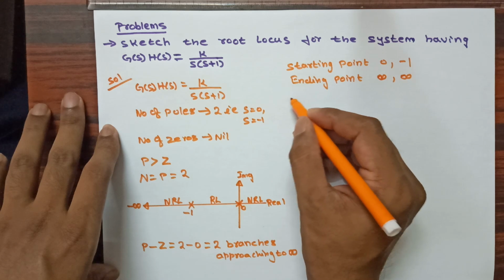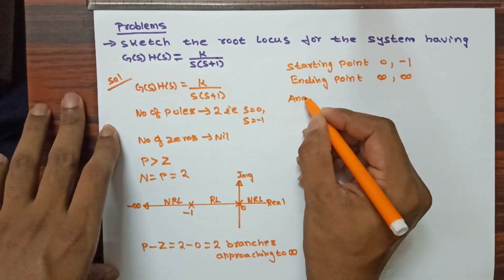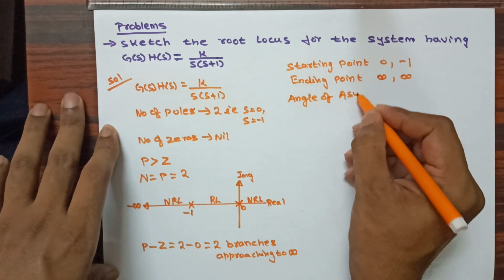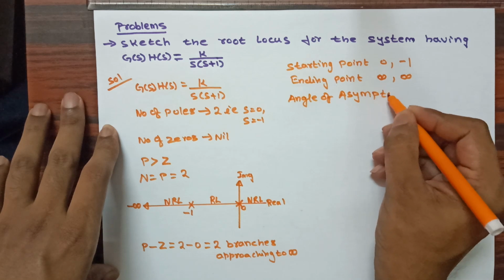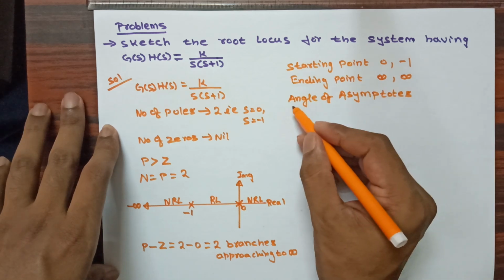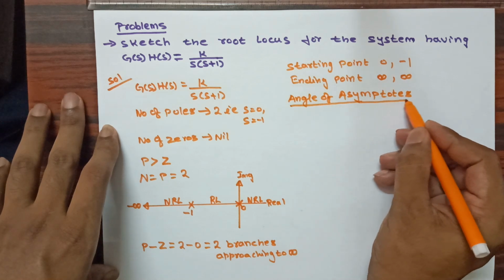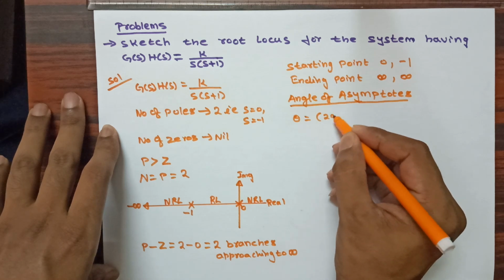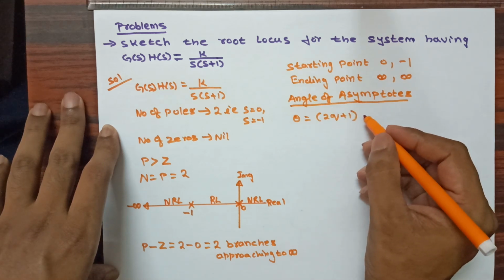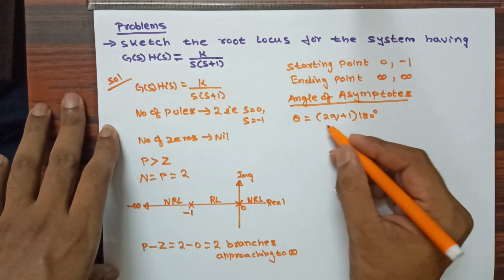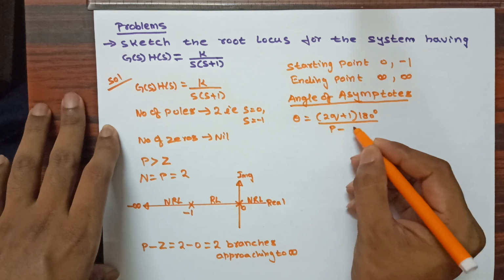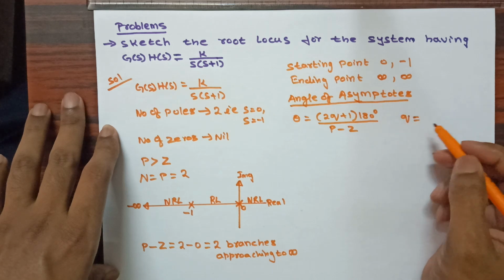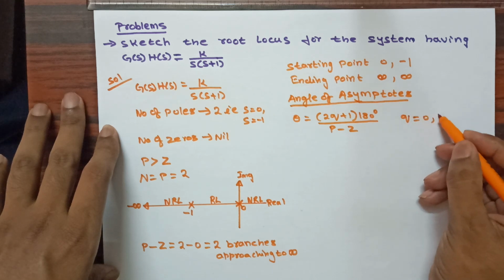For that we need to find the angle of asymptote, and the formula we know is theta equal to (2q plus 1) into 180 degree divided by number of poles minus number of zeros, and the q value, for two angles, we are going to substitute 0 and 1.